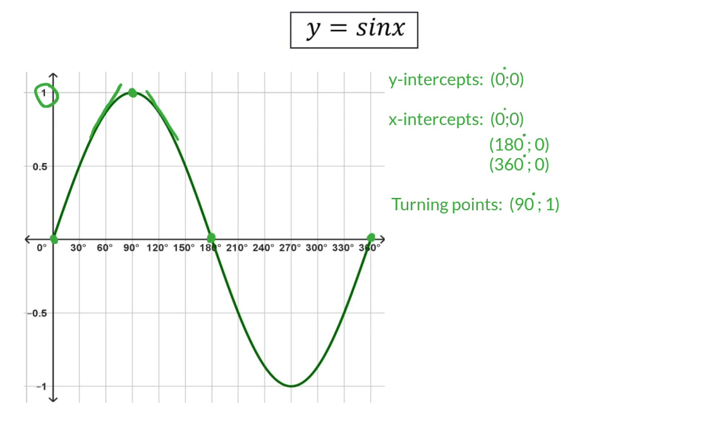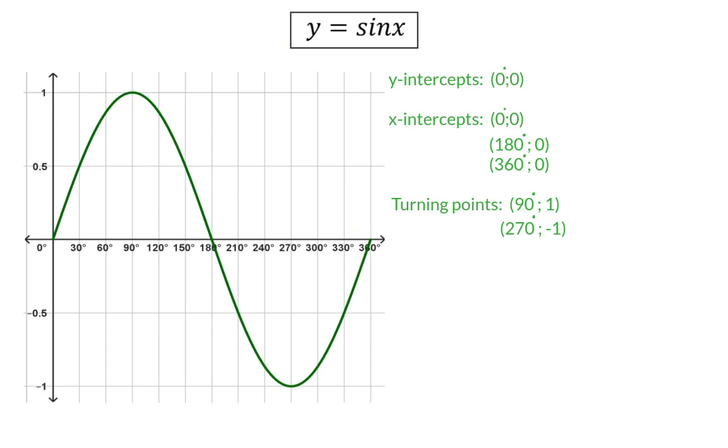The next turning point is exactly in the middle of the two x-intercepts, and that is at 270 degrees. At this turning point, the graph changes from decreasing to increasing, and here we have the minimum value for the graph at -1.